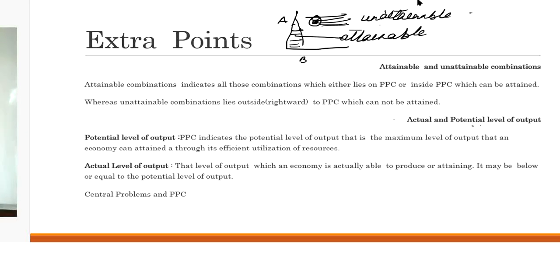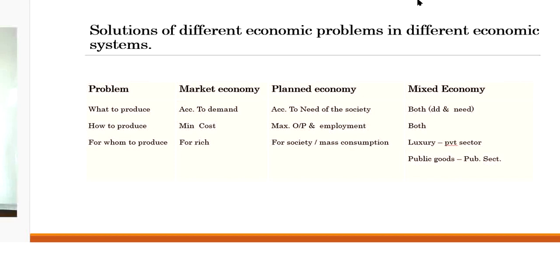So students, it was about the PPC and its different features, problems. Now, how PPC can help to solve different economic problems. So PPC directly helps in what to produce, to provide the solution of what to produce.